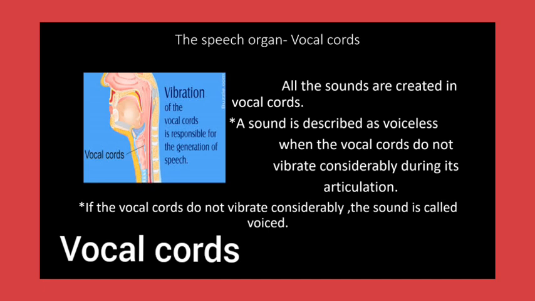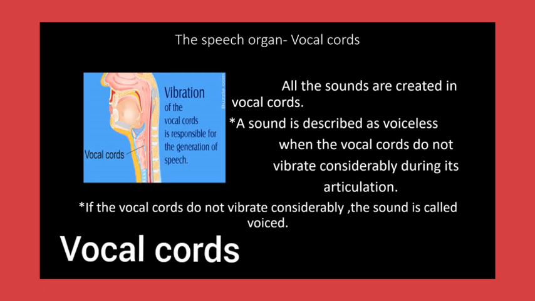And at the larynx, we have two vocal cords. They are too small and they are the most flexible speech organs. As they vibrate or move, they move for 800 times per second.